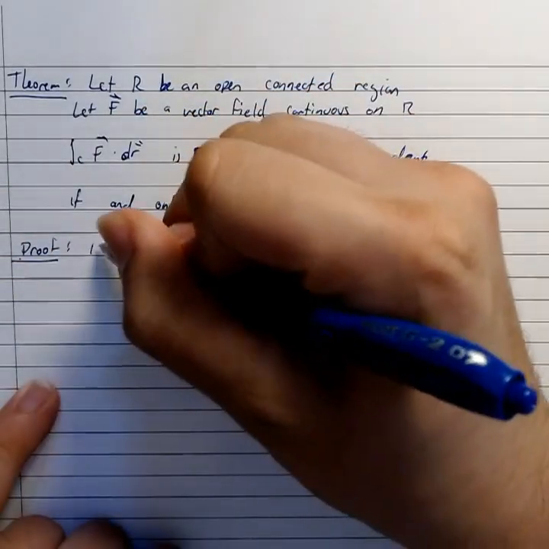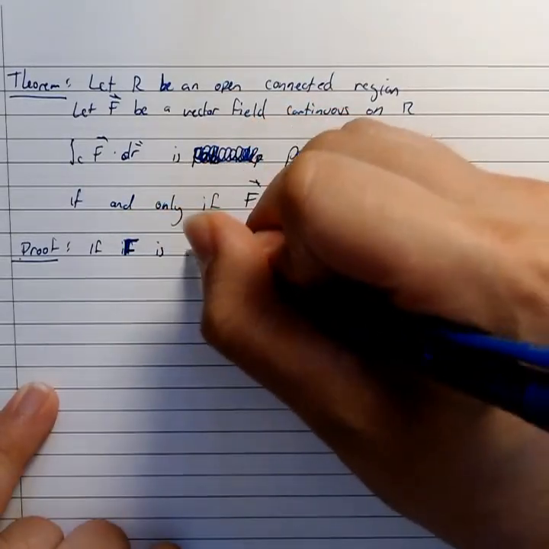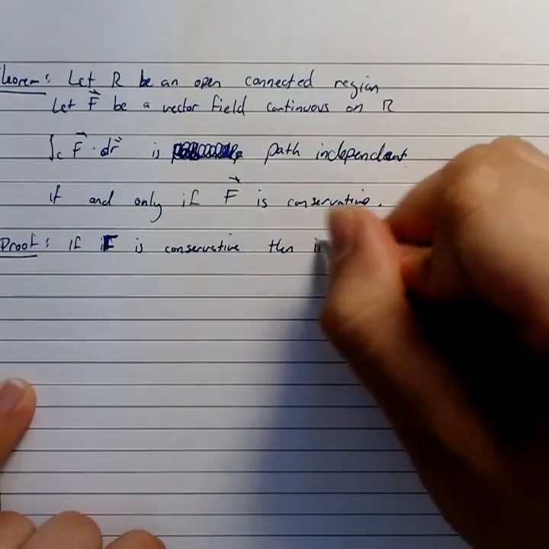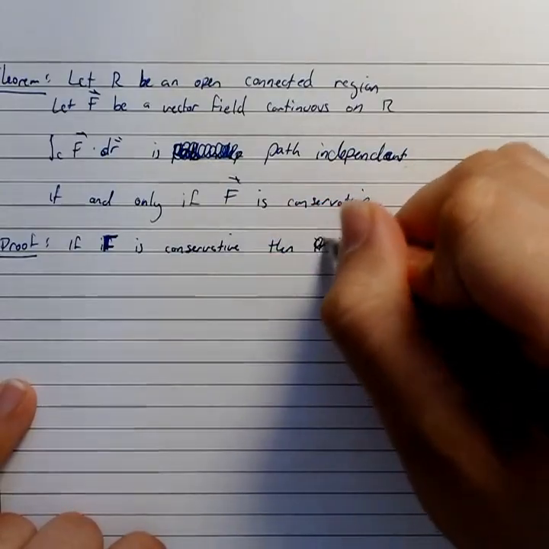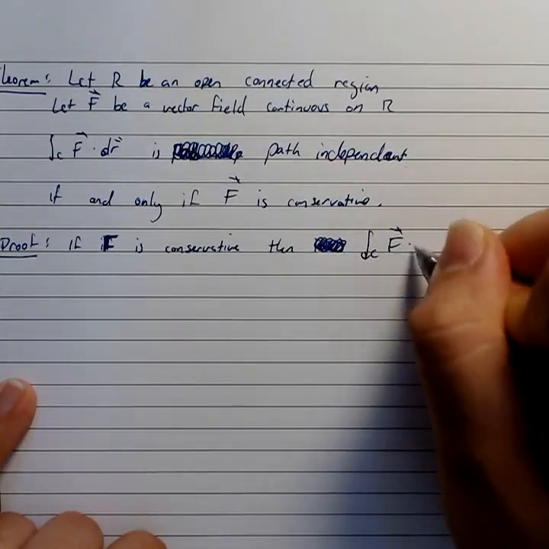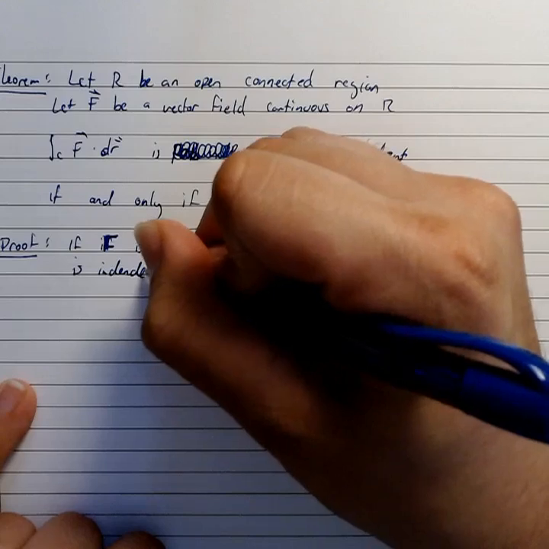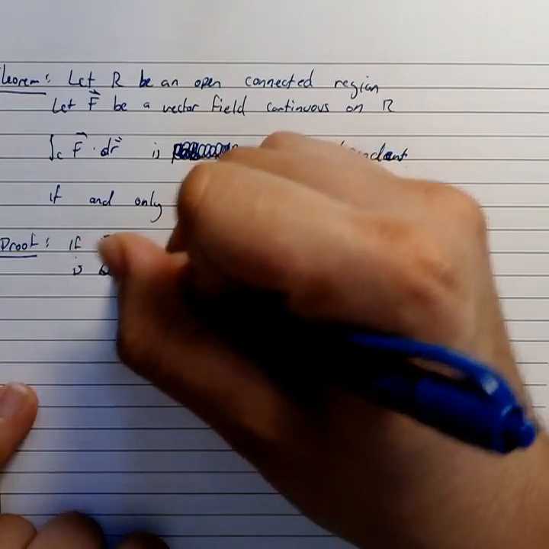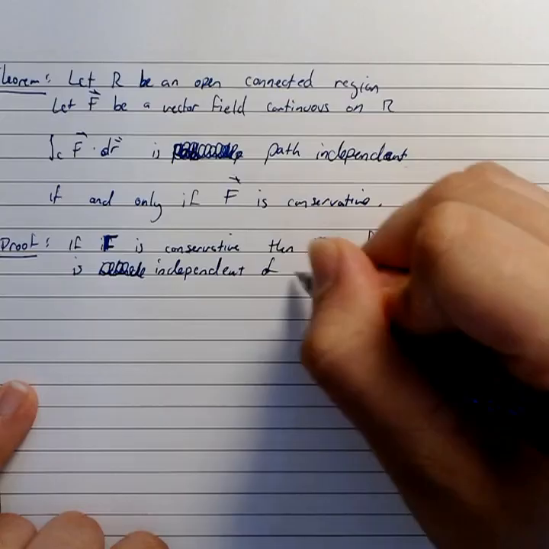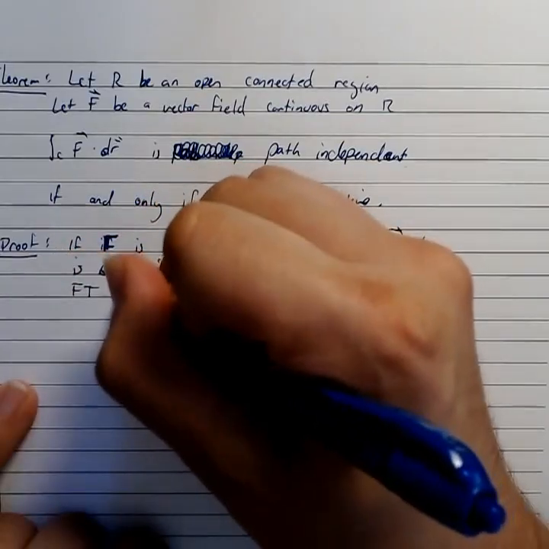So here, if F is conservative, then the integral over C of F dot dr is independent of path by the fundamental theorem of line integrals.